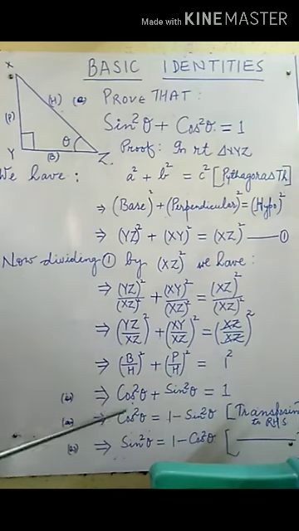This one is very crucial, and now it is the turn to discuss the second identity. You know what the second identity is? We have to show that 1 plus tan square theta equals sec square theta.